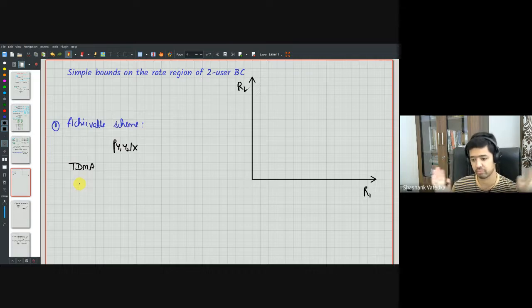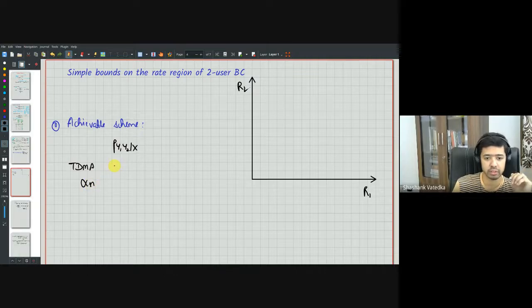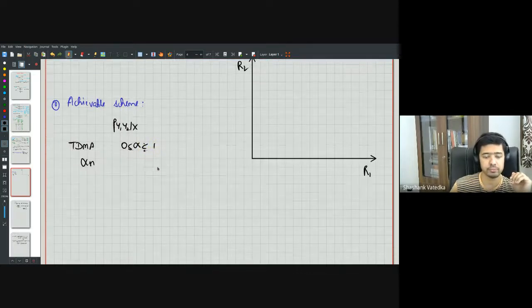whereas user two just doesn't hear. He doesn't care about what is being said. And then after you said what you wanted to say to user one, then you talk to user two and then send him the message, right? So you take some parameter alpha between 0 and 1, right?